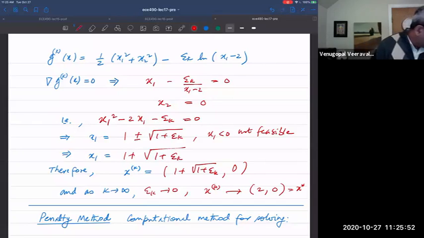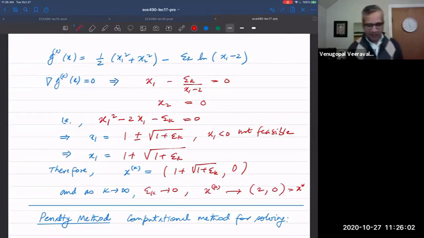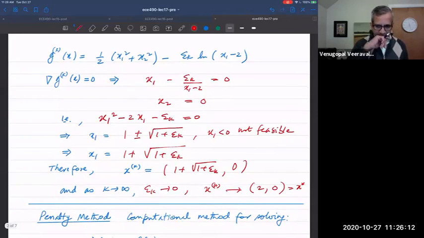So we just confirmed that the barrier method works for this example. But in general, we know that it works because we have a proof. So, any questions?